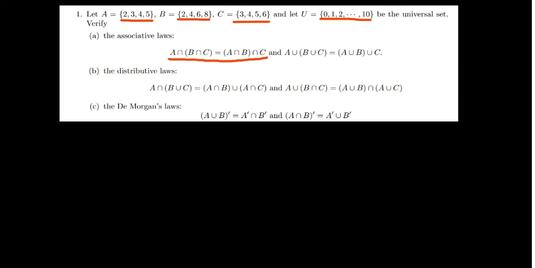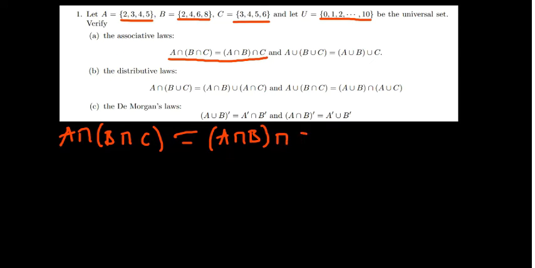I'll verify the left hand side. We've been taught that A intersection B intersection C is equal to A intersection B intersection C, with brackets grouping differently on each side. These are very easy to remember.